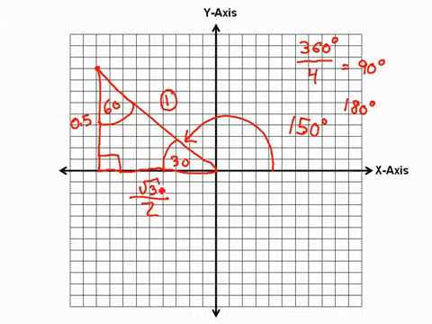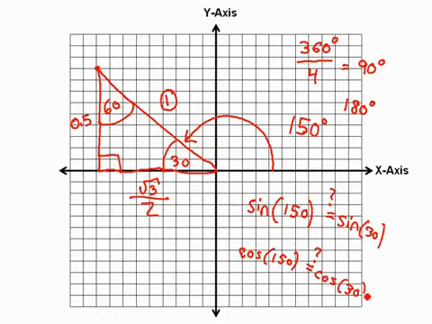Does this mean that sine of 150 equals sine of 30? And does it mean that cos of 150 equals cos of 30? Well, the answer is yes and no.